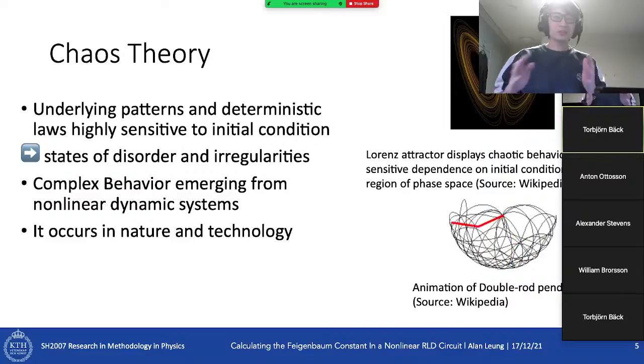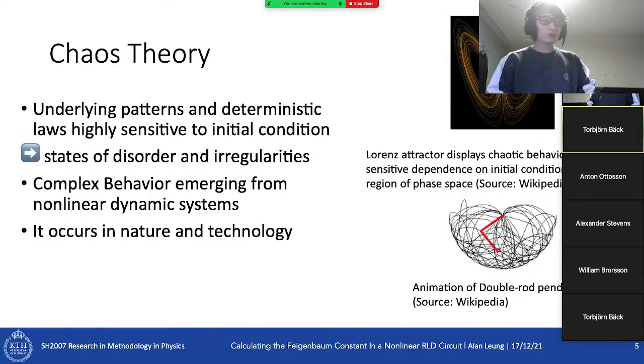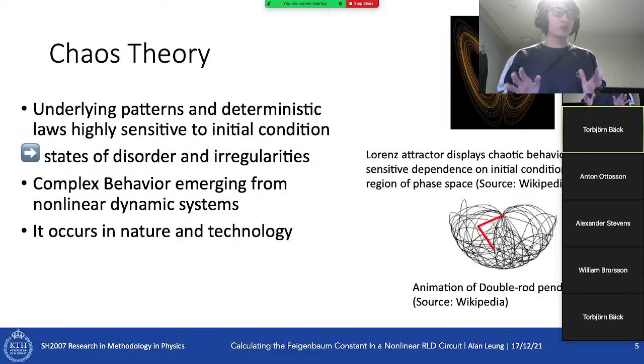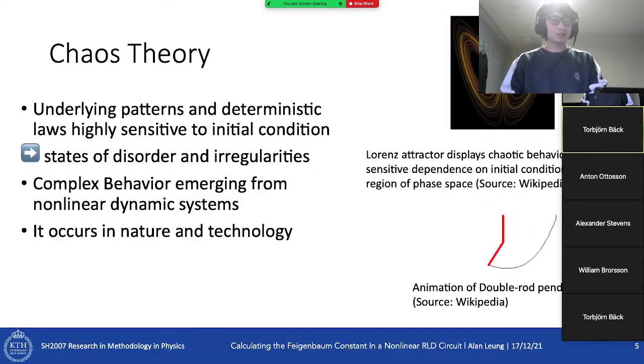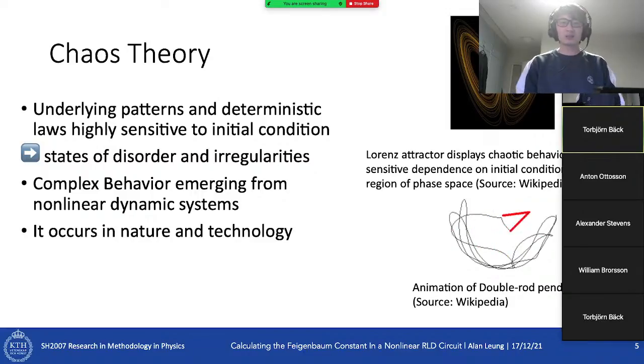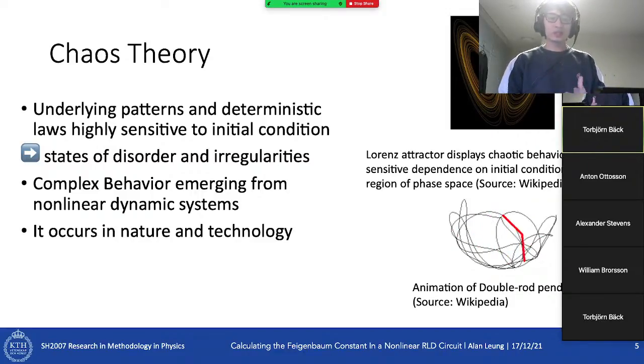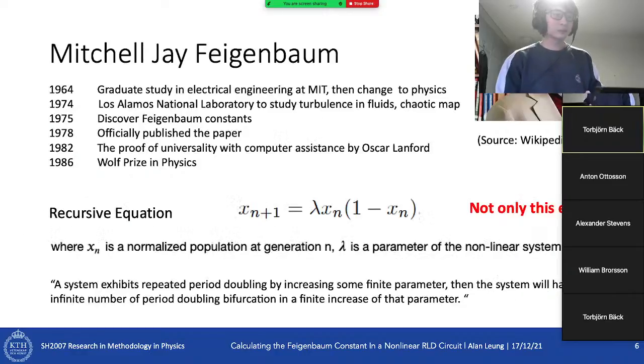At first it swings like a simple pendulum, but as you add more initial conditions and parameters, everything becomes chaotic, in a state of disorder and irregularity. This kind of complex behavior only emerges in nonlinear dynamic systems. It occurs in nature, and also in technology, where we can govern it and utilize it to make the phenomena we want.